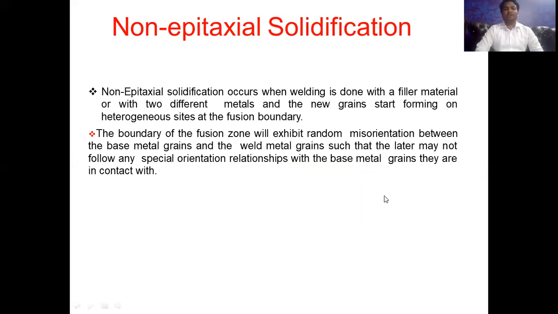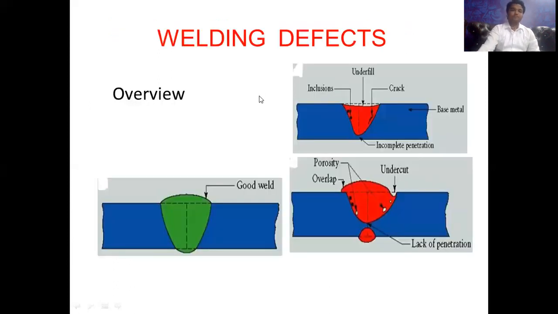Here, non-epitaxial solidification can be seen especially in welds that are done using filler material or dissimilar materials. So this has a fusion boundary with a random misorientation between the base metal grains and the weld metal grains. So this is called non-epitaxial solidification.